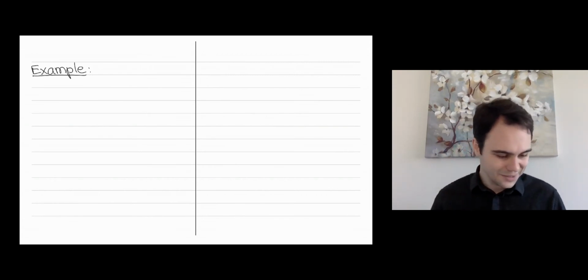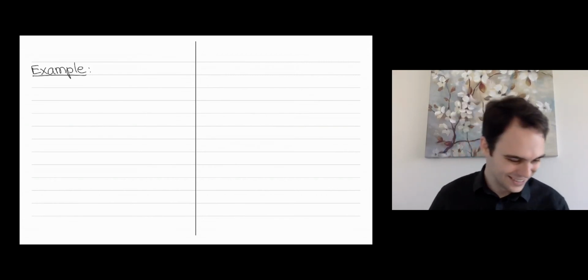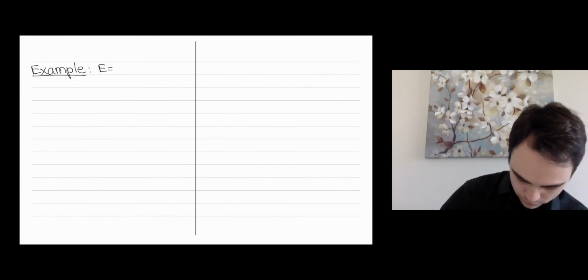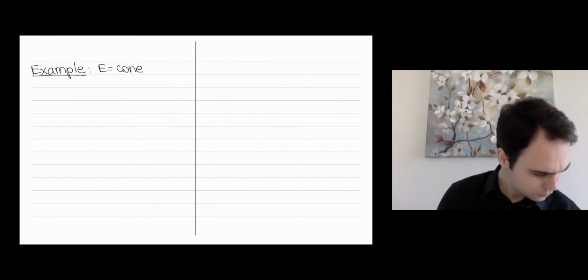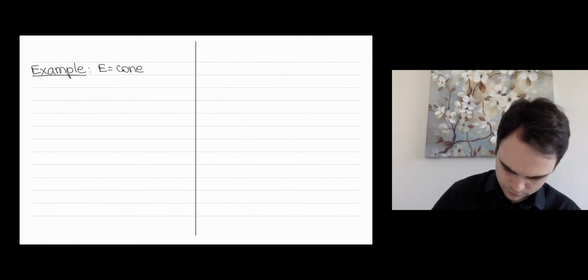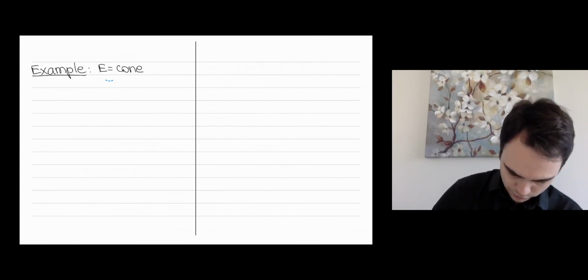Oh, not a rectangle. The shape's going to be a cone. So E, the region, is the cone bounded by, so let me move this down.